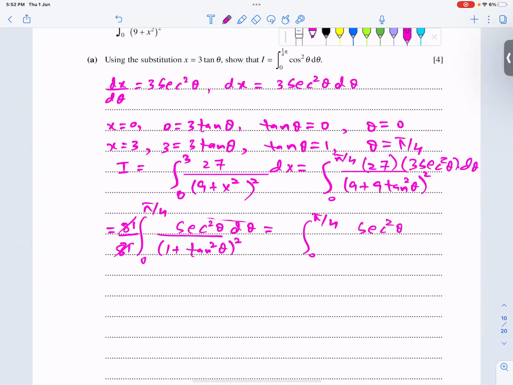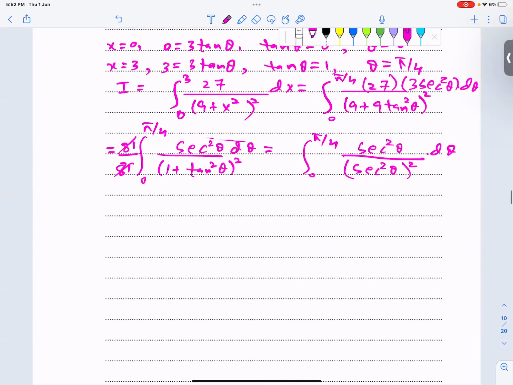Secant square theta divided by, now you know the identity that 1 plus tan squared theta is equal to secant squared theta, so we can use this identity. So we have secant square theta divided by secant to the power 4 theta d theta, from 0 to pi by 4.